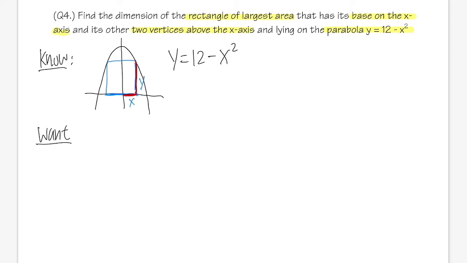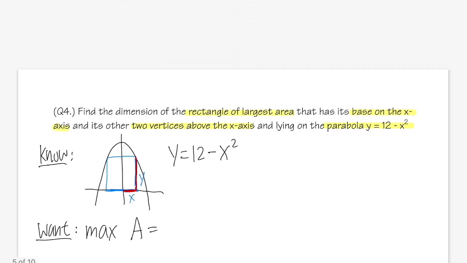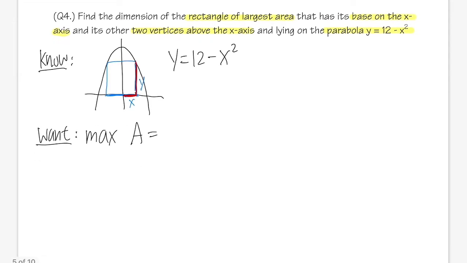Now we want the maximum of the area. What's the area of this rectangle based on our labeling? Here we have x times y, but we want the whole thing, so we have to double that. That's why it's 2 times x times y. Be careful with this.